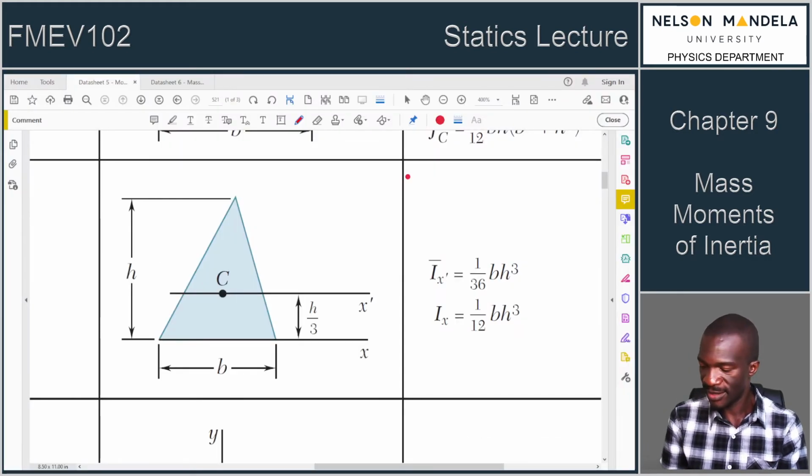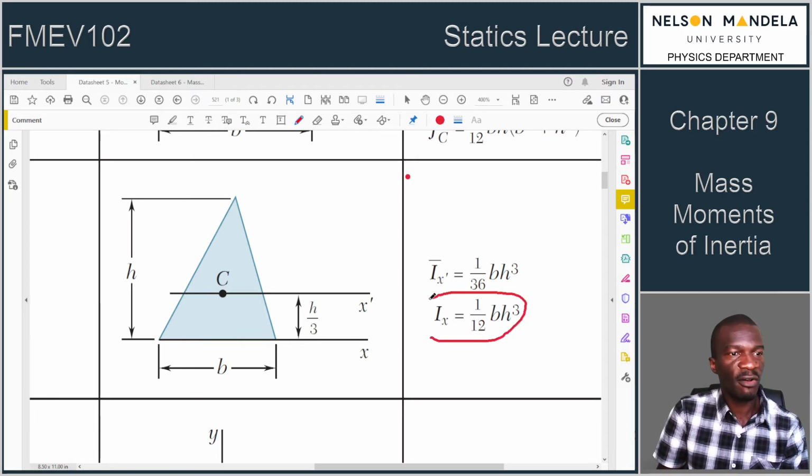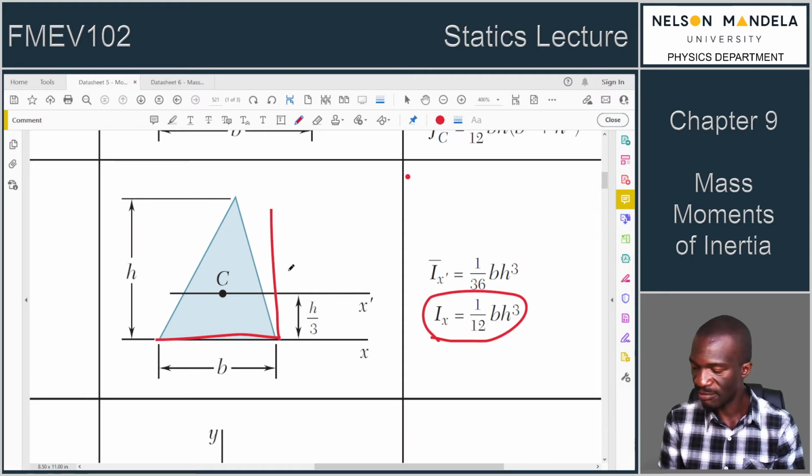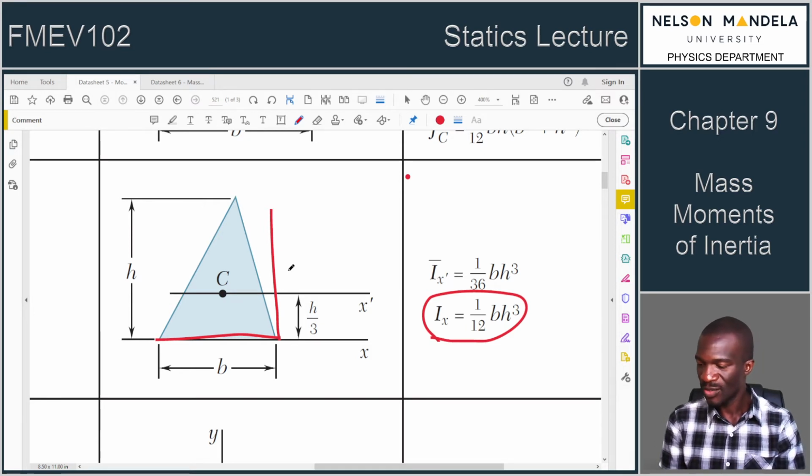The table says the moment is given as a 12th of BH cubed, a 12th of the base times the height cubed. So in this case, we would have the area moment about the AA prime axis is actually equal to a 12th. What is the base? We need to find this base. This base is actually this height here. So how can we find it?